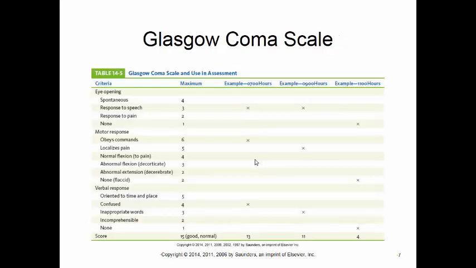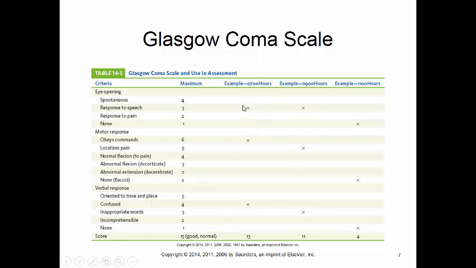There is a scale called the Glasgow Coma Scale, and what it does is it adds up. Say there's an injury; you're going to look at that person at 700 hours, and then at 900 hours and 1100 hours. So every 2 hours they're looking at this patient to see how their level of consciousness is changing.